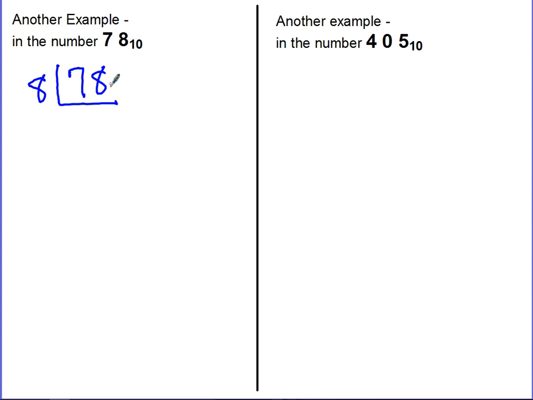I'm going to take my 78 and divide it by 8. Well, I know that 9 times 8 gives me 72. 78 minus 72 gives me a remainder of 6. So remember, that becomes my least significant digit there. And then the 9 drops down.